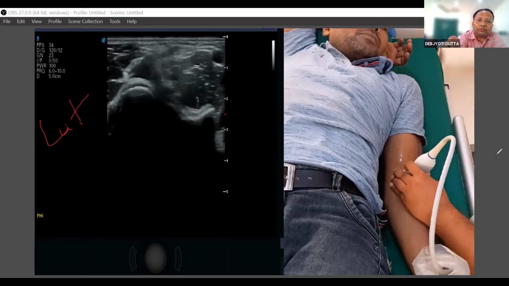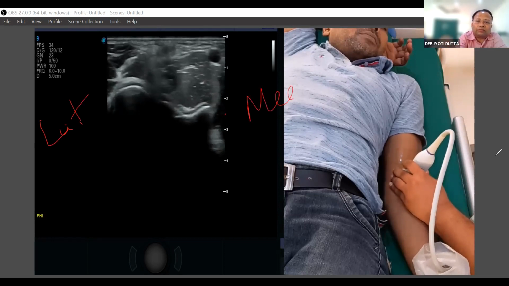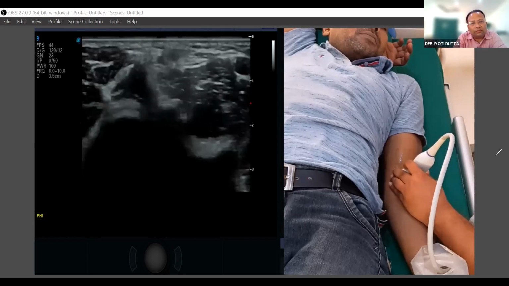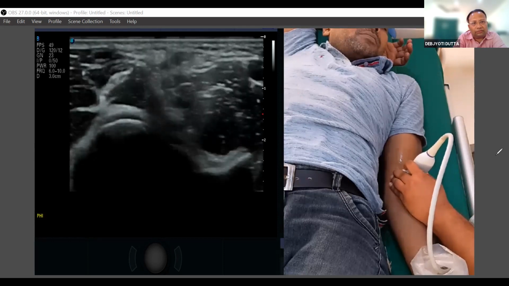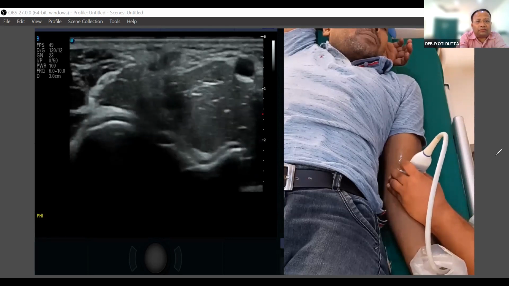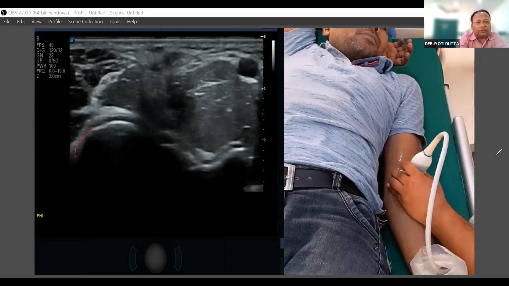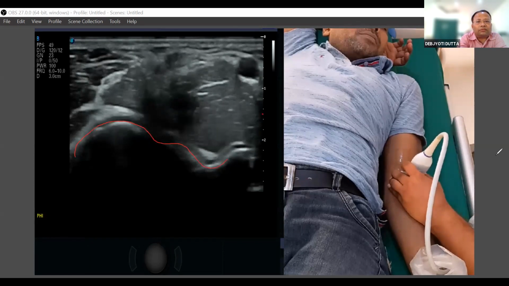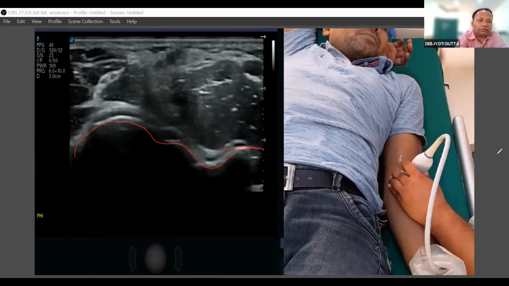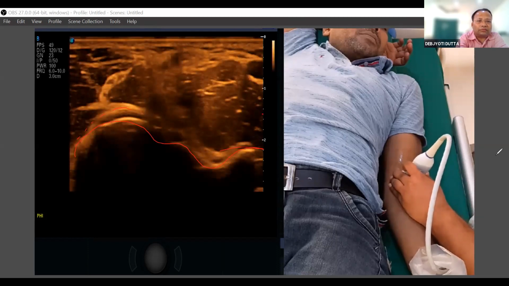So once we are getting this structure, then we need to reduce the depth so that we can see a larger portion. So now we are able to see a larger portion of the bony structure. Now I am reducing the focus also.